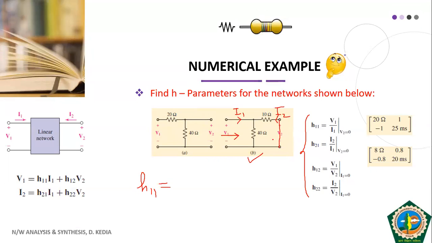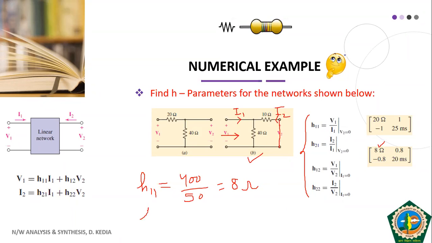So the 40 ohm and 10 ohm resistances will be in parallel. The equivalent resistance will be 40 into 10 divided by 50. 40 into 10 is 400, divided by 50, so H11 comes out to be 8 ohms. And this is the answer.